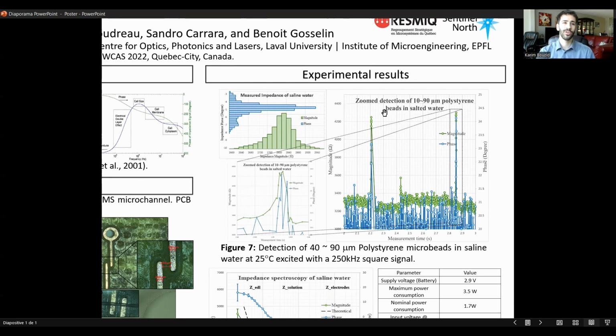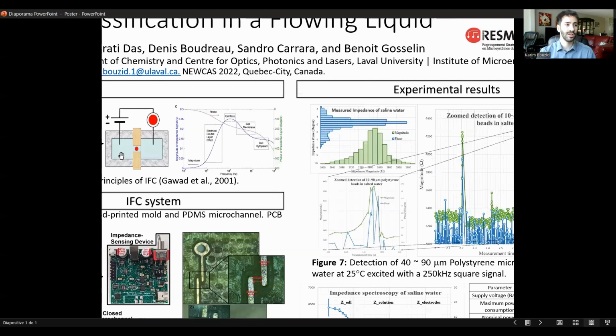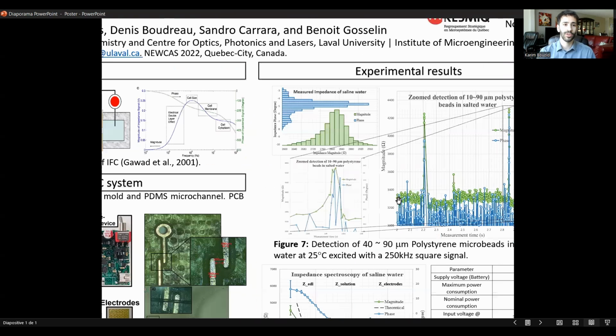Afterward, we can introduce microbeads, let's say polystyrene microbeads with sizes between 10 and 90 micron, into that saline solution and continue the measurements. We can see at first that when we measure only the solution, there is noise that follows a Gaussian distribution.